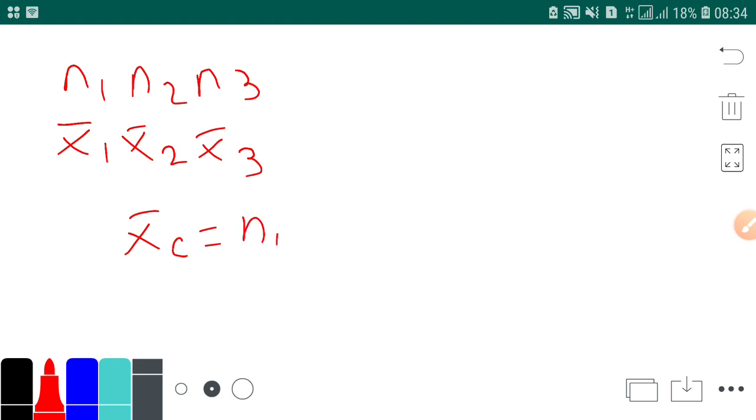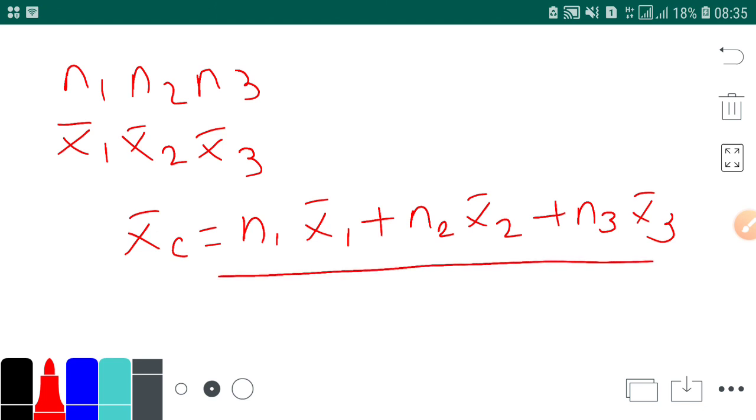We will apply the formula n1 x bar 1 plus n2 x bar 2 plus n3 x bar 3 upon n1 plus n2 plus n3. So if there are 3 variables, or 3 classes, then also we can apply the same formula. So let's do a sum like that.